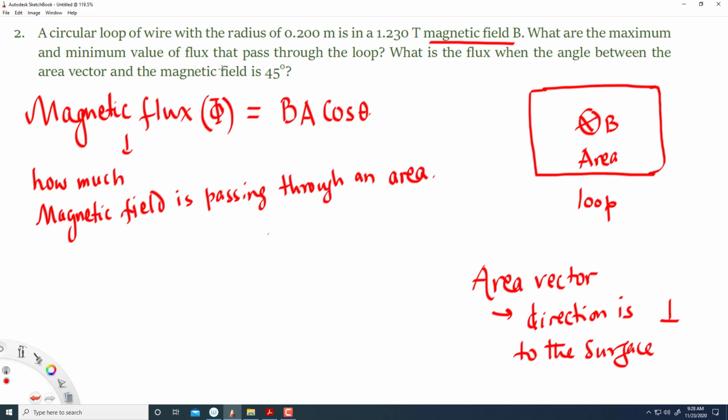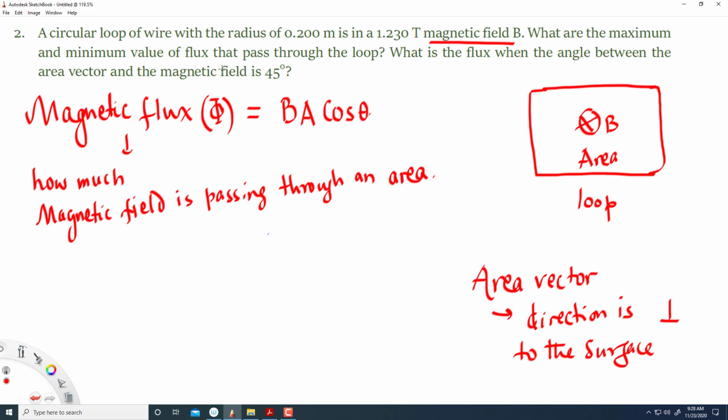Area is perpendicular to the face. When these two are parallel, there is a maximum number of lines passing through the surface. So phi is maximum.